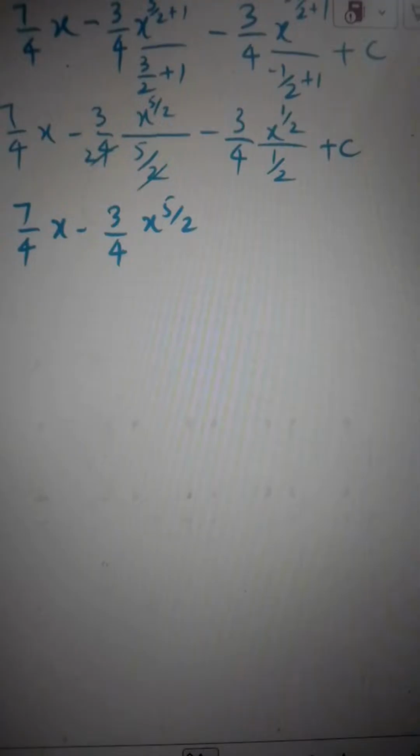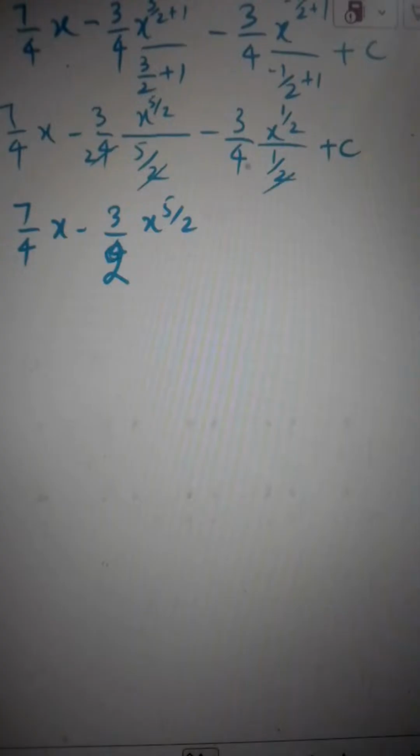We proceed in it like 7 by 4 x minus 3 by 4 x power 5 by 2. Here this 2 should cancel this 4 by 2, so this becomes 3 by 2.